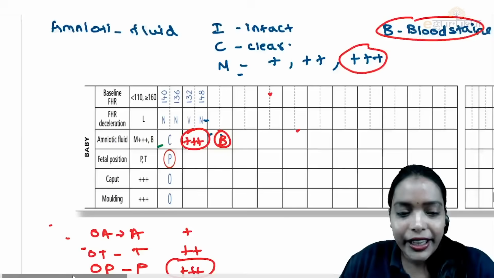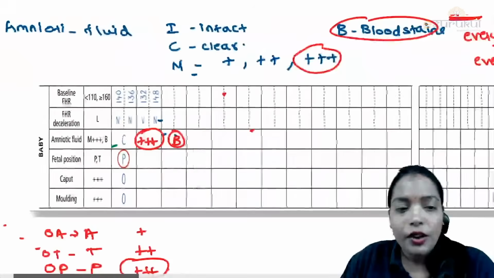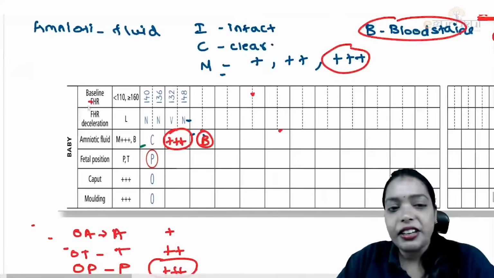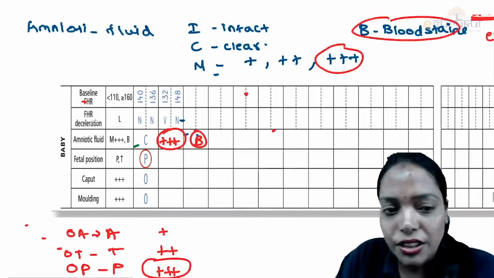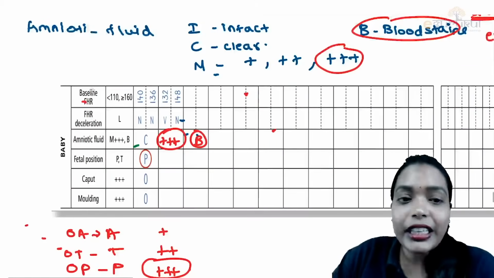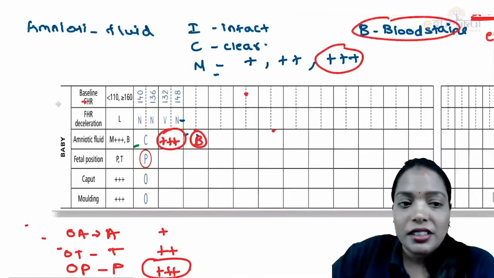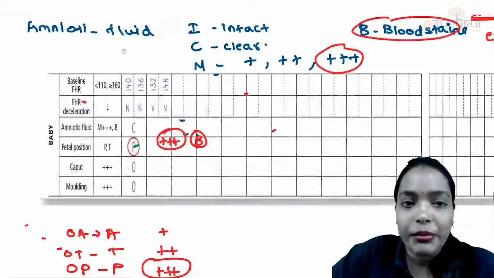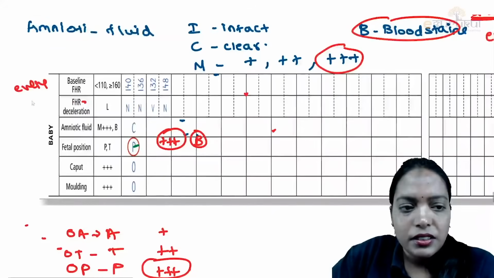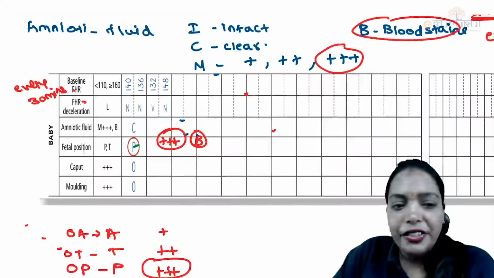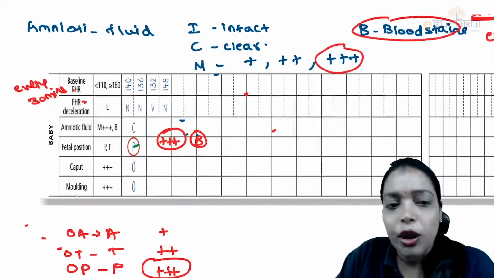So what are all you're checking in the baby? You're going to check baseline fetal heart rate and fetal heart rate deceleration. These both you are checking every 30 minutes. Then amniotic fluid, fetal position, caput and moulding.